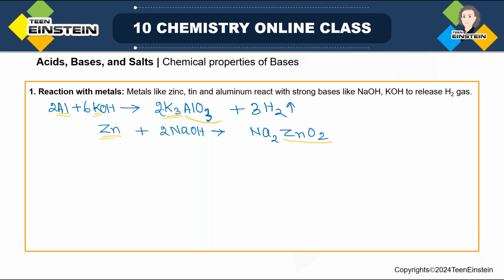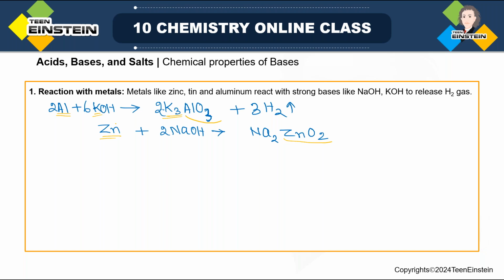It is true that aluminium and potassium both are metals, but if you consider their activity, which is more metallic, which is stronger, it is obvious that it is more reactive. It is obviously potassium having more activity than aluminium, sodium having more activity than zinc. So that is why in the cationic part, you can expect potassium to be present. Similarly, sodium should be present in the cationic part because they are more reactive.